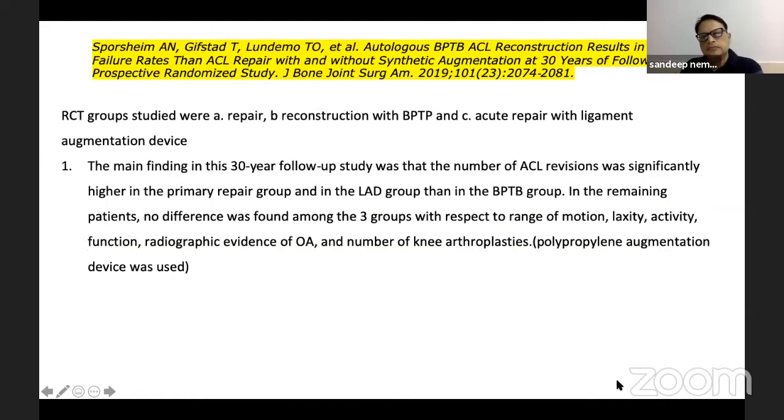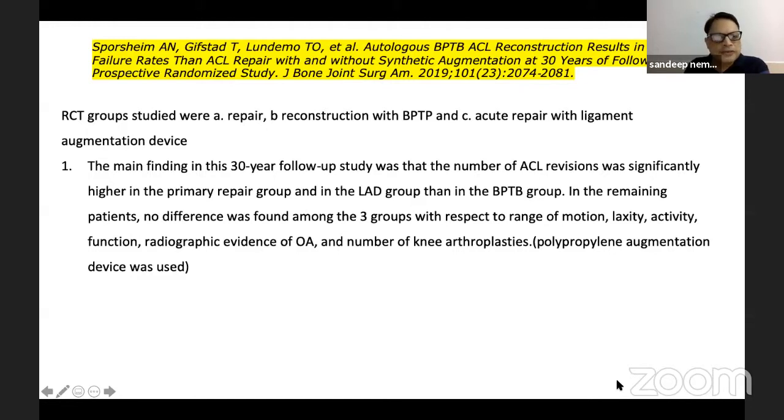Then this is the latest, the 30-year follow-up study, which was published in the Journal of Bone and Joint Surgery. The study essentially compared autologous bone patellar tendon bone ACL reconstruction with ACL repair and synthetic augmentation.